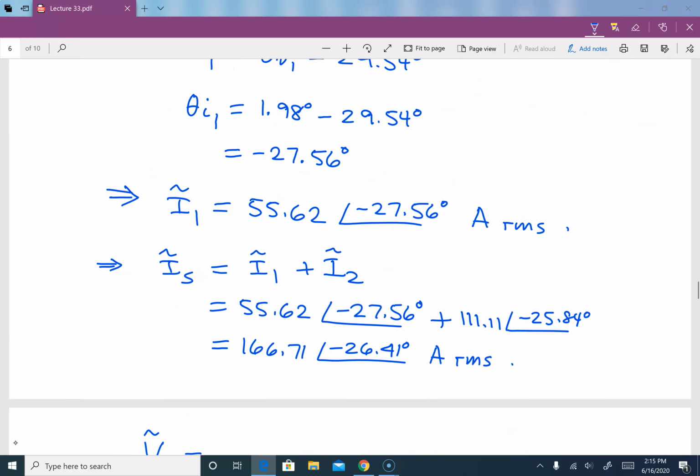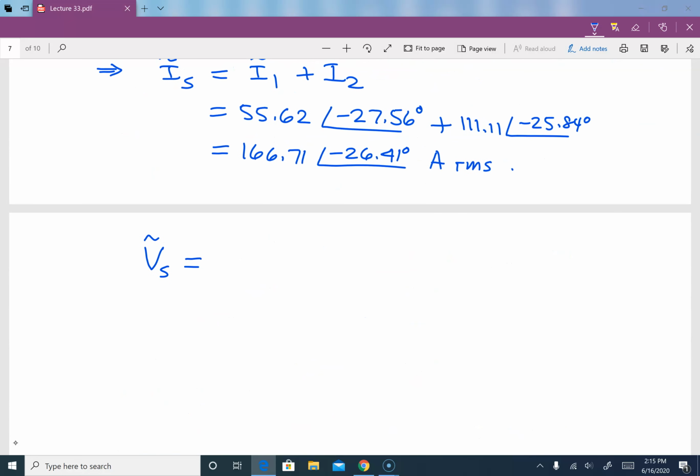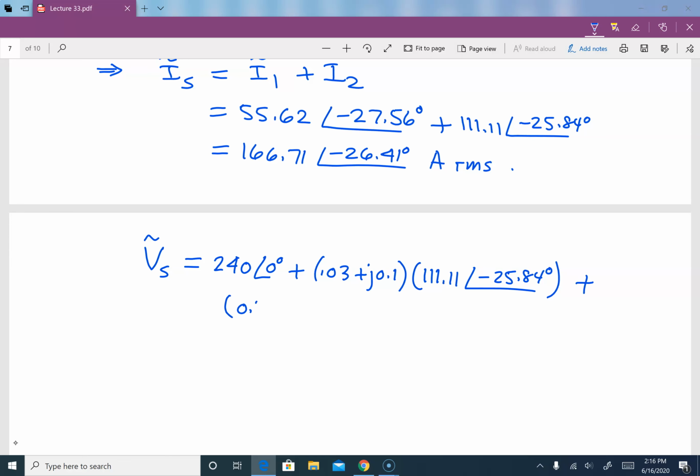So our VS is equal to VL, which is 240 with angle 0, plus 0.03 plus j0.1 times 111.11 with angle negative 25.84, plus 0.1 plus j0.3 multiplied by the current, which is IS, that is 166.71 with angle negative 26.41 degrees.